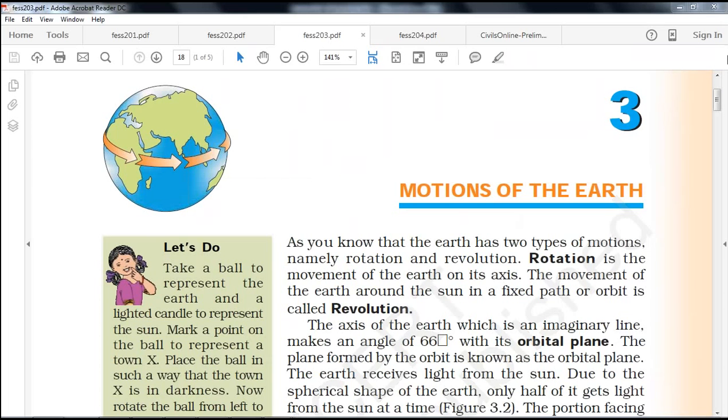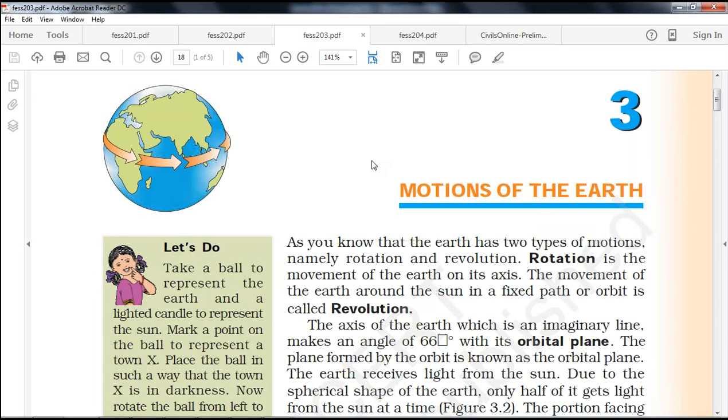Yes, motions of Earth. As we discussed, Earth has two different types of motions. One is rotation, another one is revolution. Rotation is Earth rotating around its own axis. We know that Earth has an axis, and Earth is rotating around it.